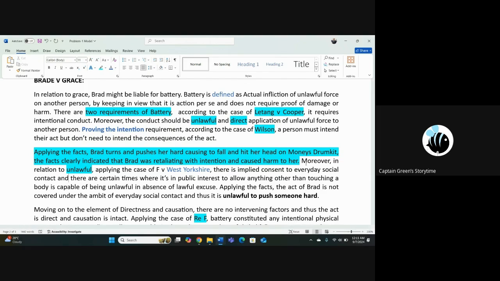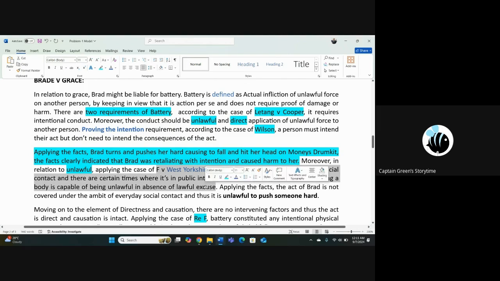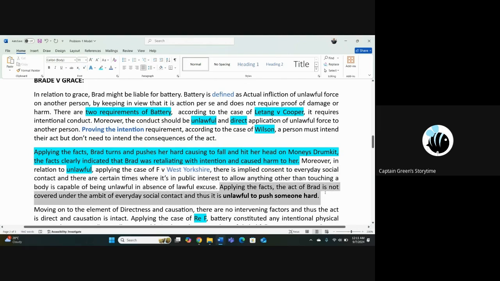Moreover, regarding unlawful force, applying the case of Collins v Wilcock, there is an implied consent to everyday social contact, and there are certain times where it is public interest to allow anything. However, after again using the law that it is covered in public interest and implied consent, you should write your facts.